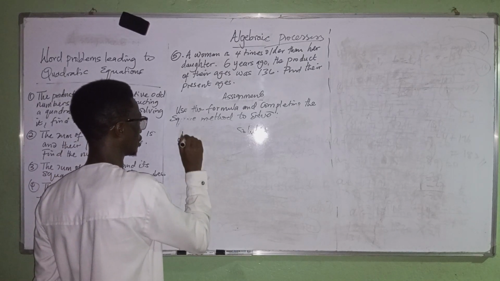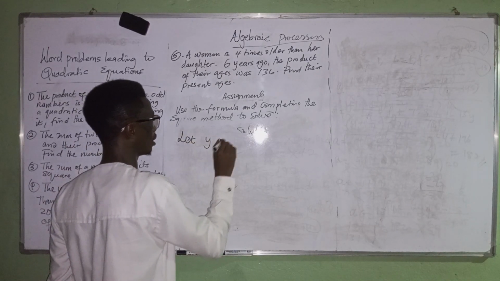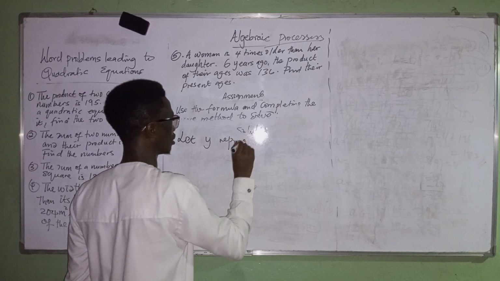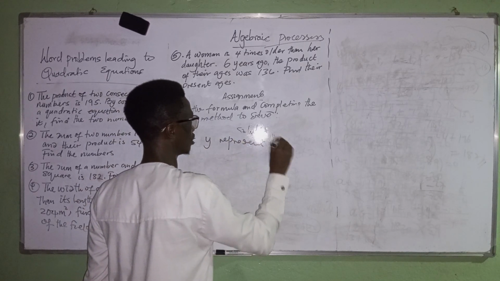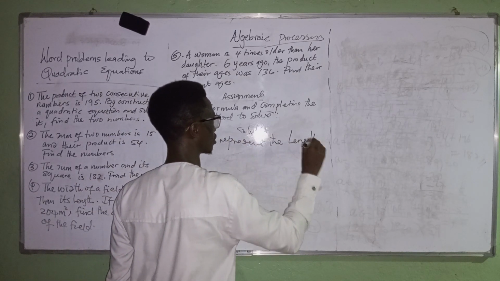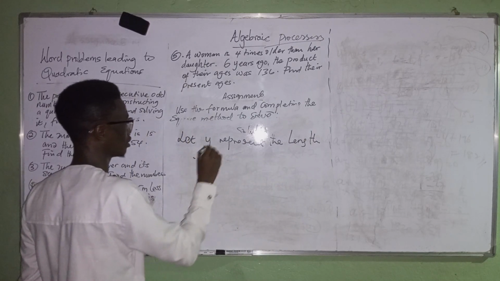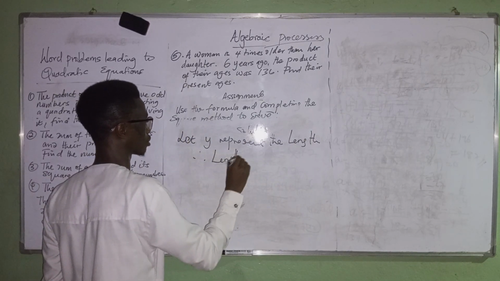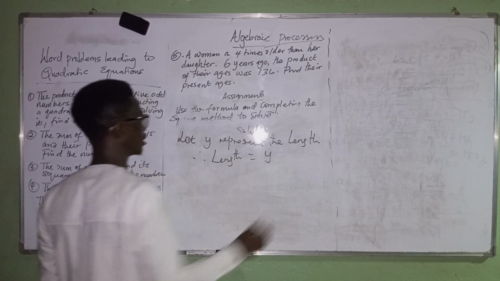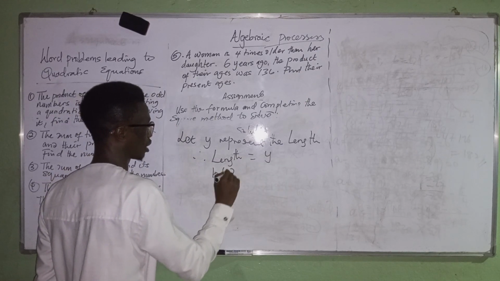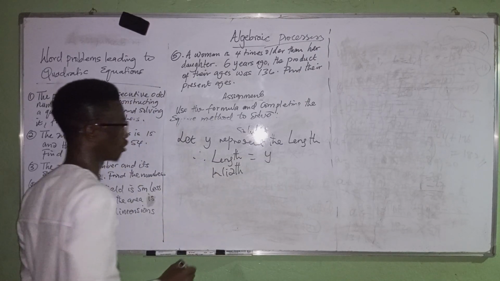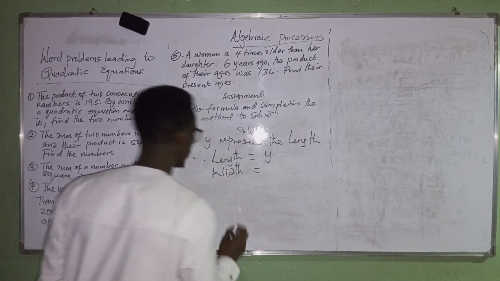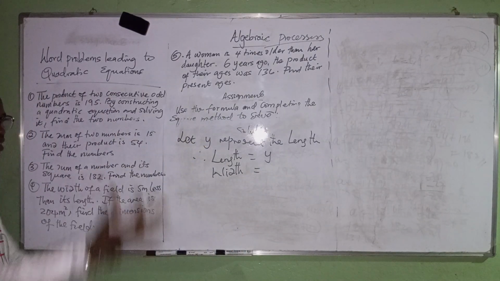We say let y represent the length. So if the length is y, the width can be found. So the width we say is 5 meters less.